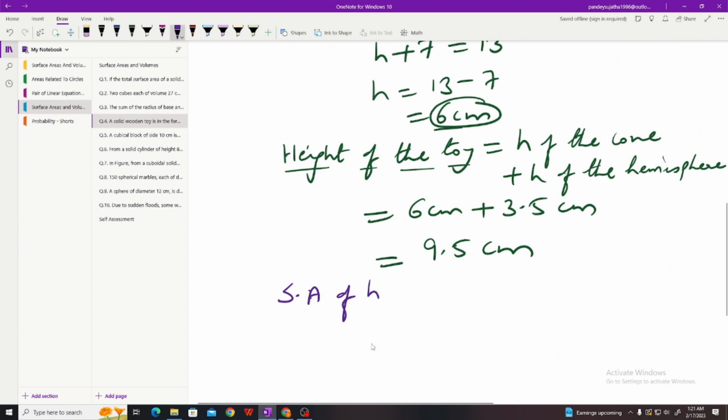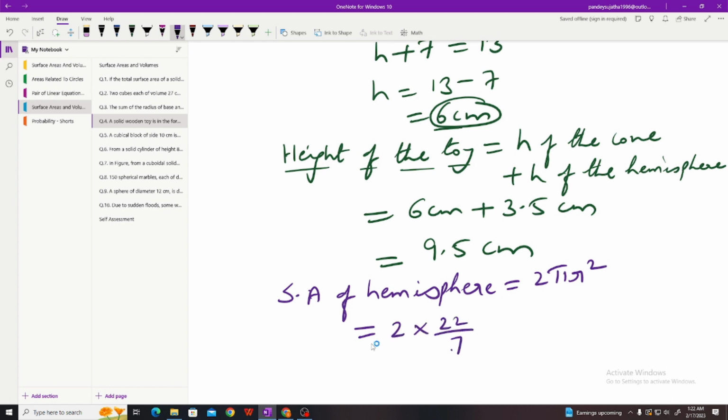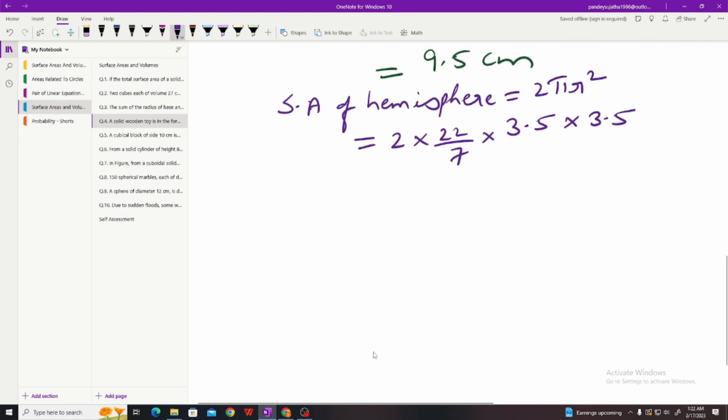Surface area of hemisphere is equal to 2 pi r square. So it is 2 into 22 upon 7, where radius of the hemisphere is 3.5. So r square is 3.5 into 3.5. Cancel.